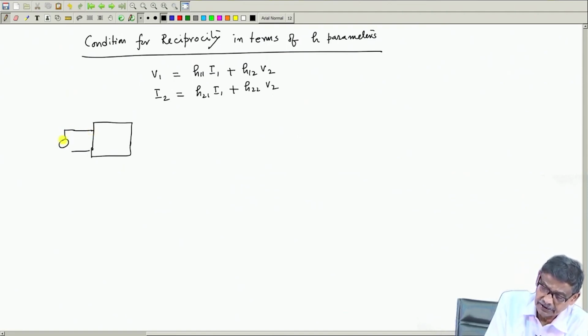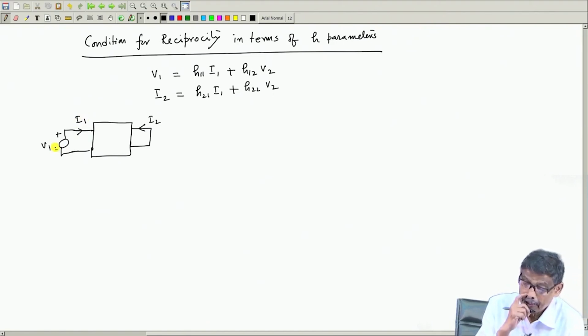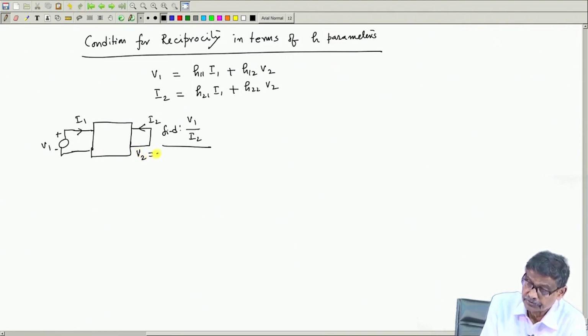So, once again you apply a voltage V 1 and keep the other side shorted and note down this current and this current. To prove the reciprocity theorem, I need to find this value V 1 by I 2. So, how can I find that V 1 by I 2? Put this condition, that is V 2 equal to 0.